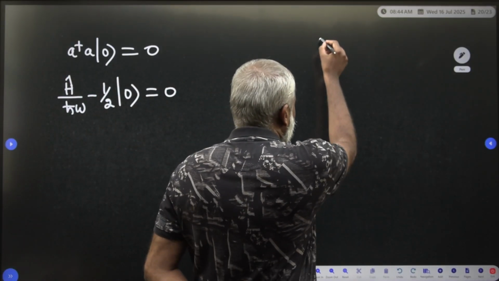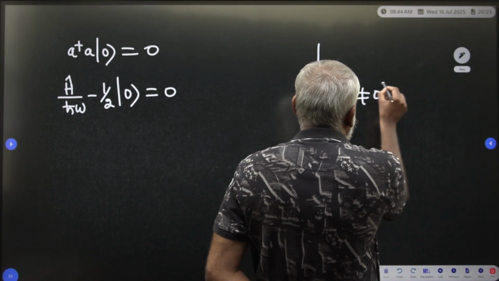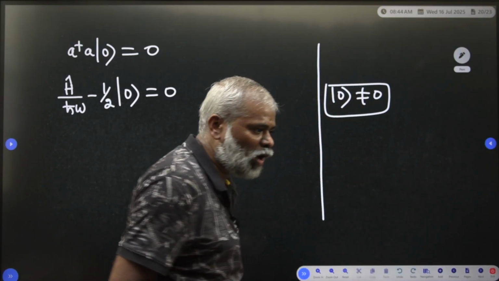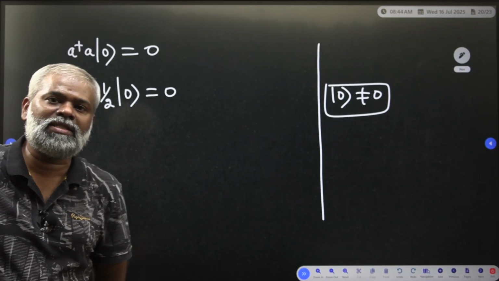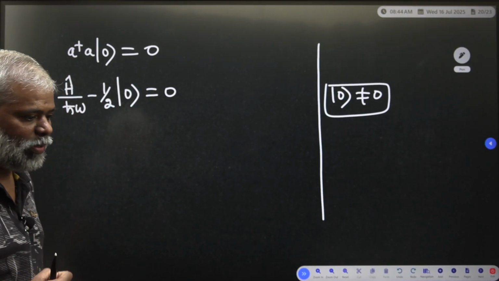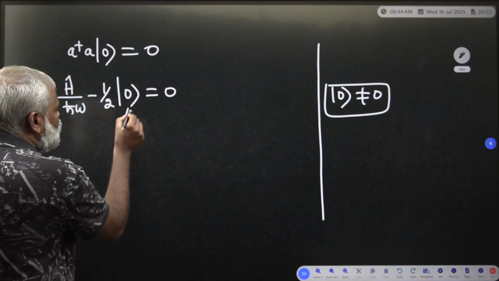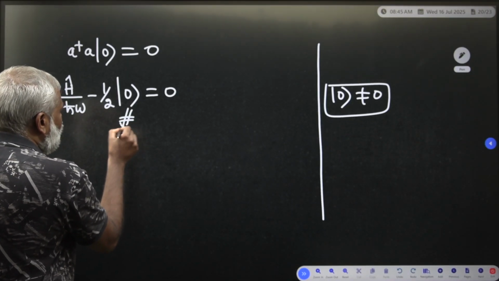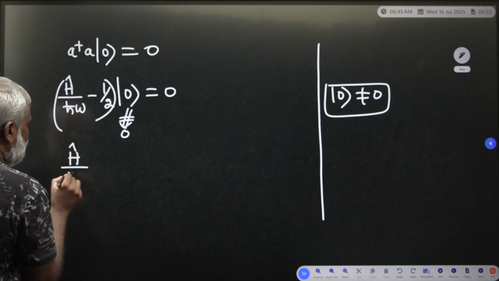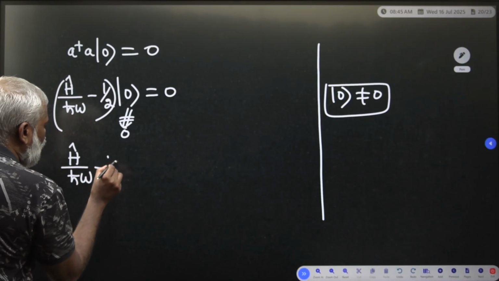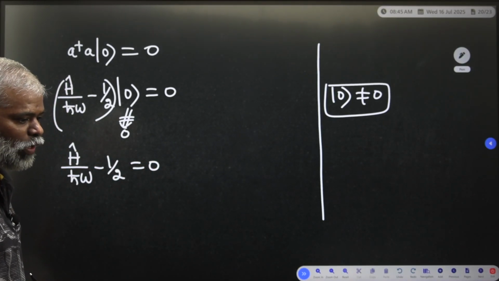Here ket 0 is not equal to 0, because ket 0 is equal to the square root of alpha by root pi times e to the power of minus alpha squared x squared divided by 2. So that's why this term is equal to 0: H divided by ħω minus 1 by 2 is equal to 0.